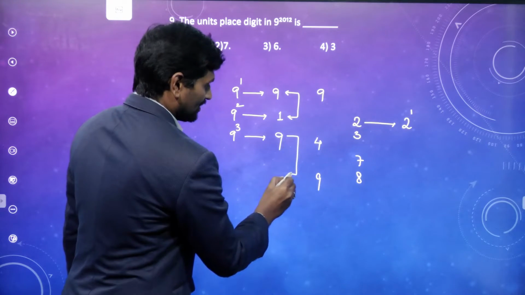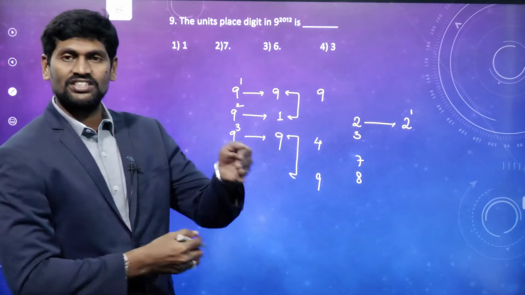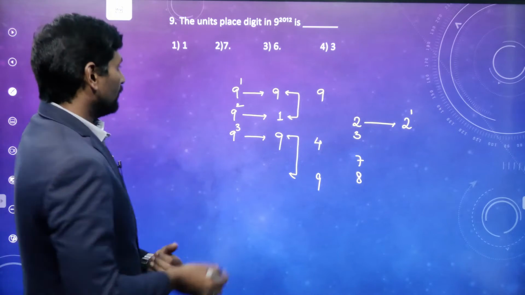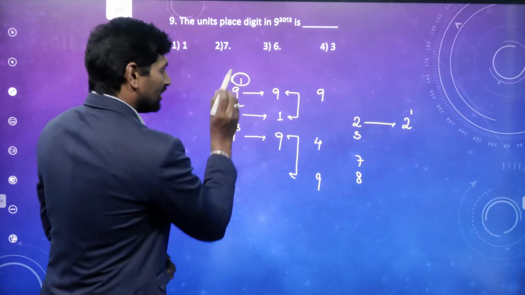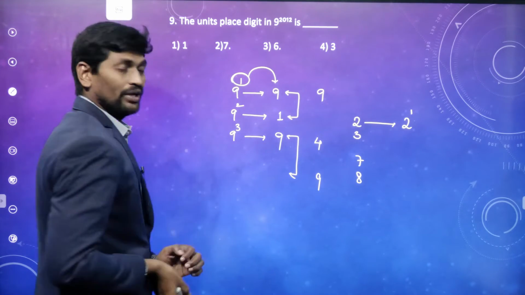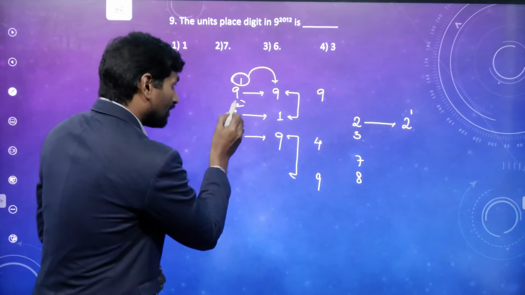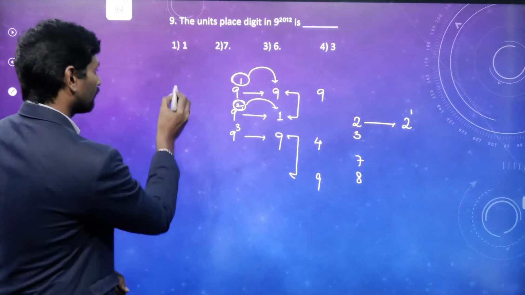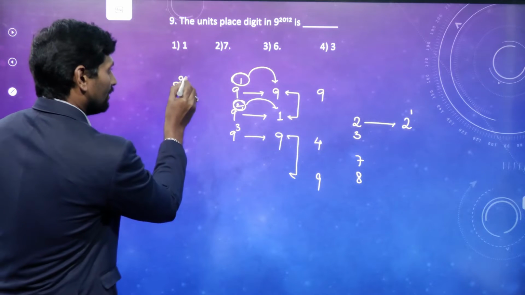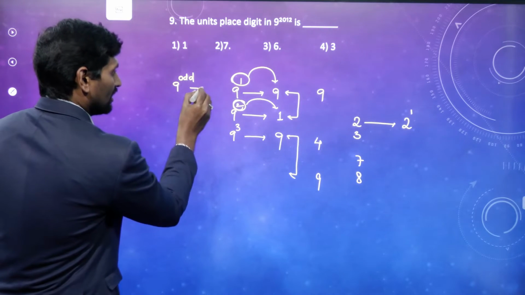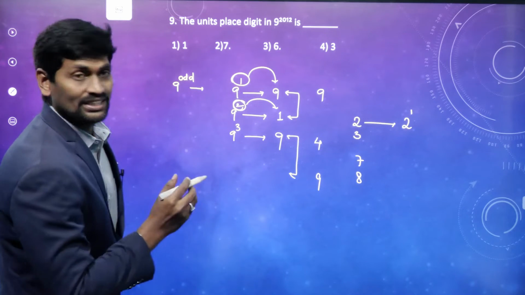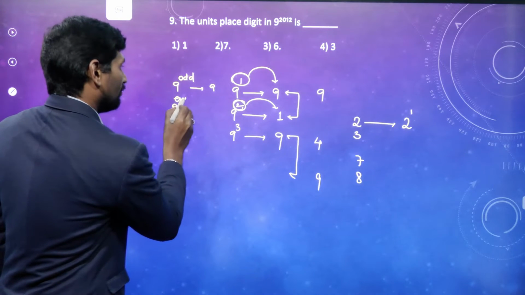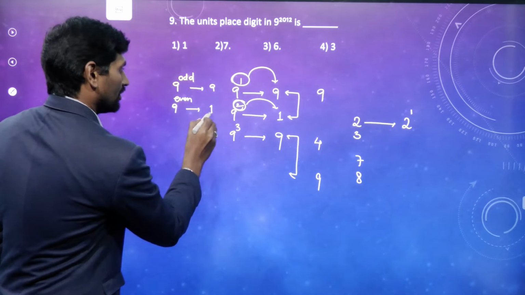Again the sequence continues, like 9, 1, 9, 1, 9, 1. That means 9 power an odd number gives the unit digit 9, and 9 power an even number gives the unit digit 1.